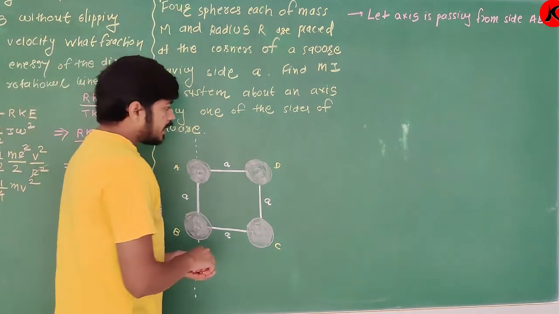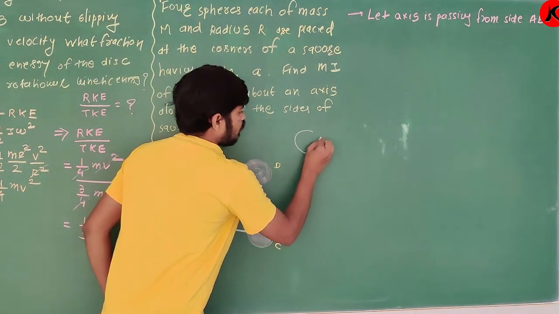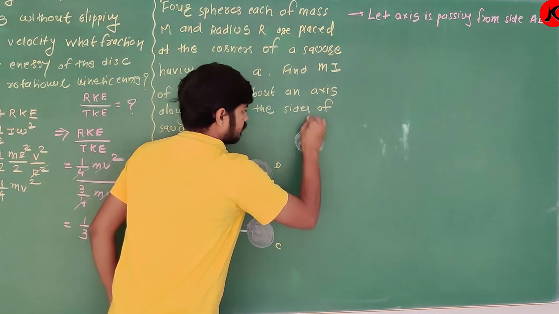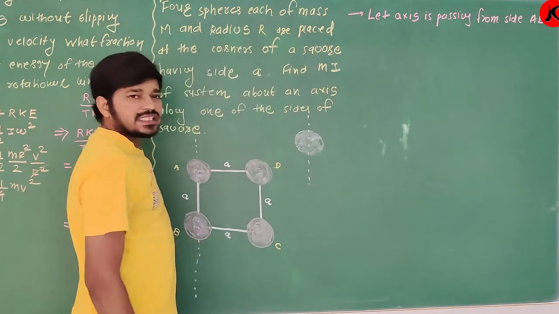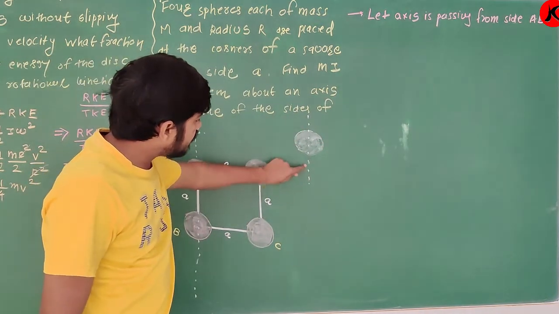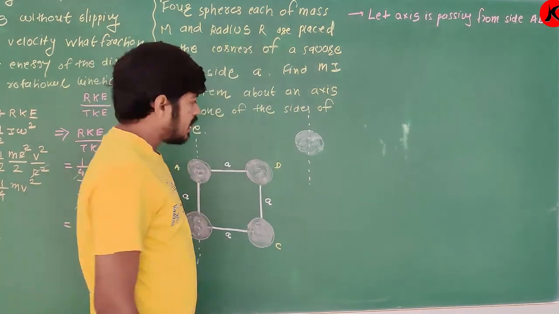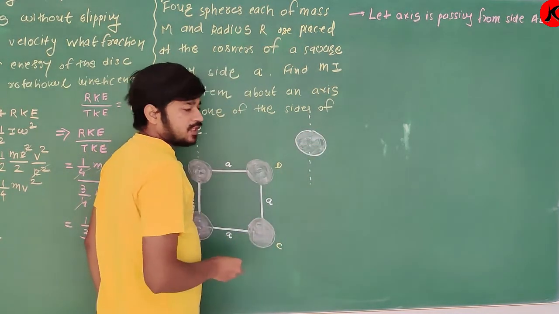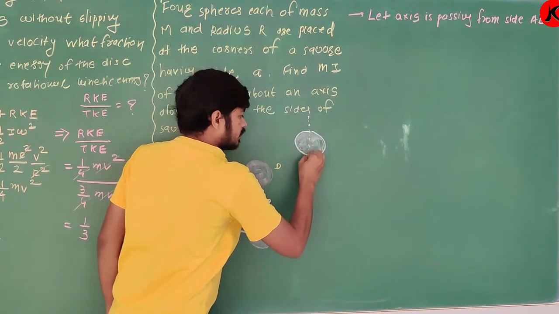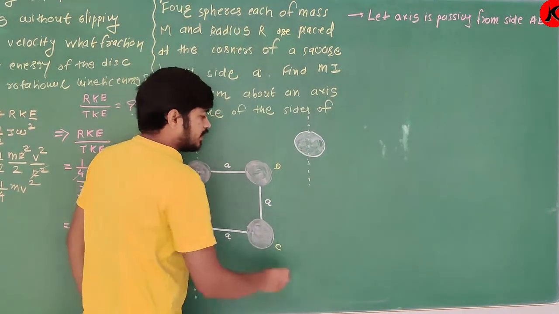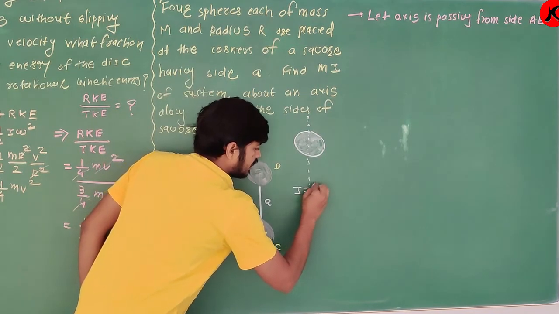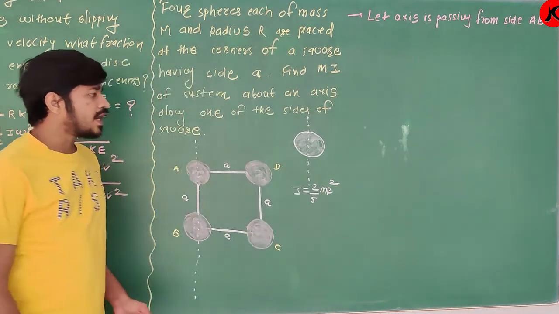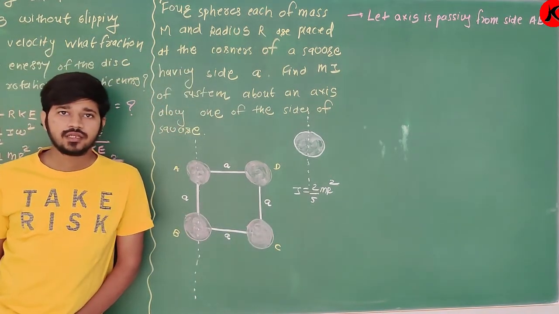We know that if you are given one sphere like this, and the axis is along its diameter and passing through its center of mass, then for such a sphere, the moment of inertia I is equal to 2/5 mr². Clear?